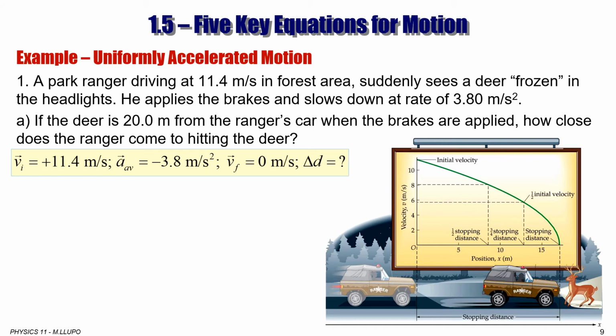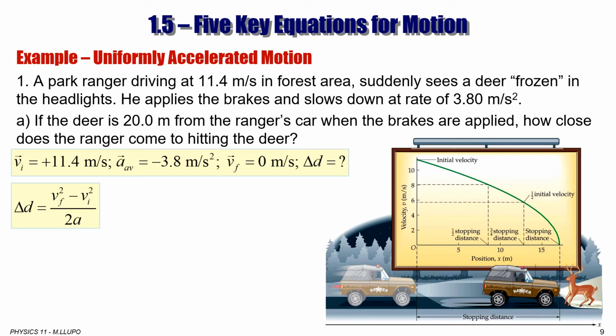V final has to be 0, although it's not mentioned anywhere there. So the car has to come to a complete stop before hitting the deer. And displacement, so what is that? The braking distance.